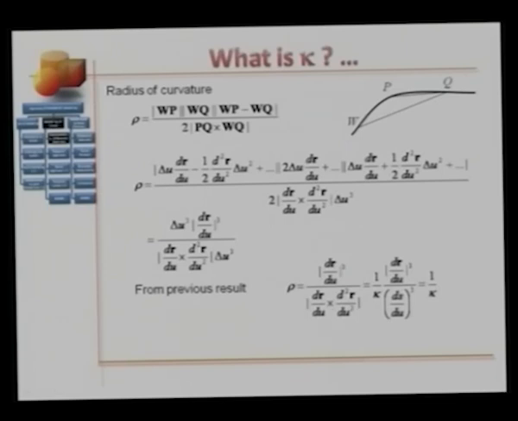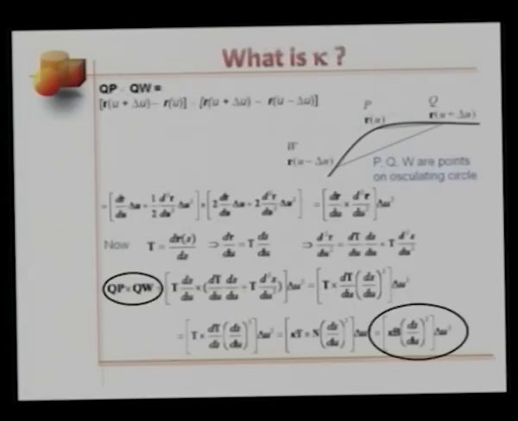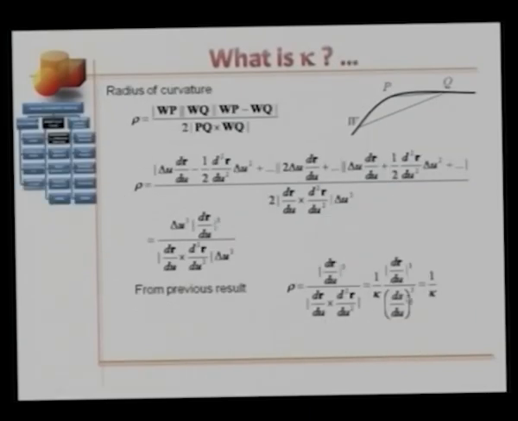From the result in the previous slide, we can replace this expression and rewrite this equation as rho equals 1 over kappa, mod of dr over du the whole cube over ds over du the whole cube.